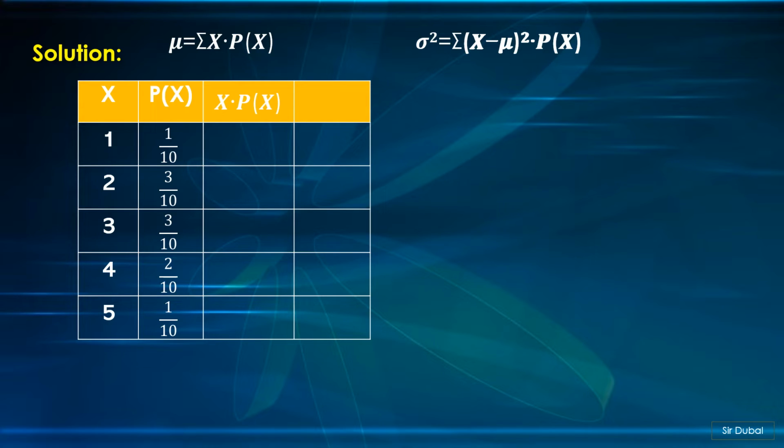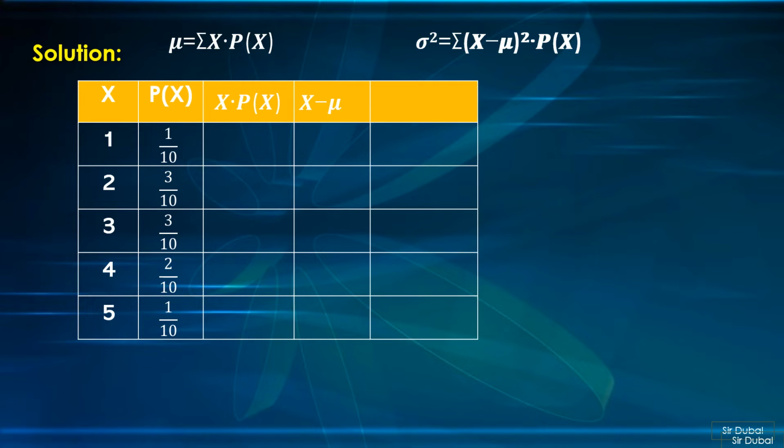In this next column, we will use the formula of our variance. The variable that we are going to fill in our table is that one. In the next column, we have that one.